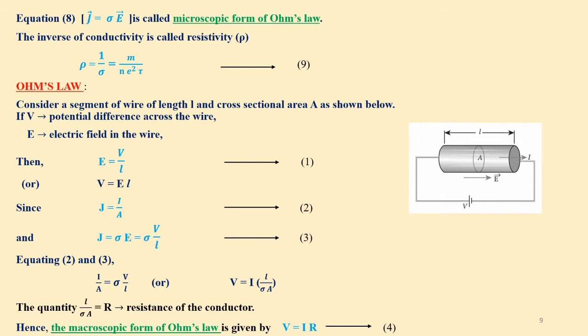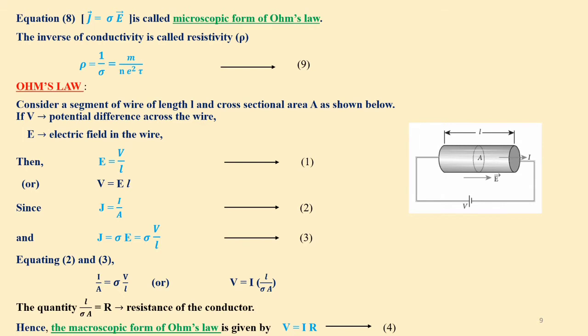Now we are going to equate equations 2 and 3, that is J equal to I by A on the left hand side, that is equal to sigma into V by L on the right hand side. So equating 2 and 3, I by A is equal to sigma V by L, or taking V on the left hand side, V is equal to I into L by sigma A.